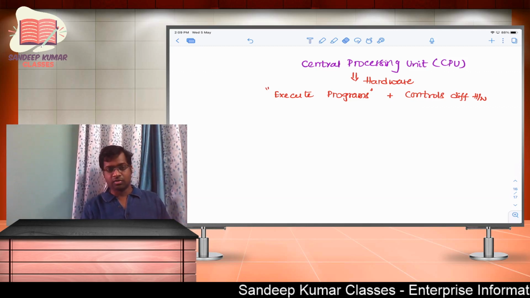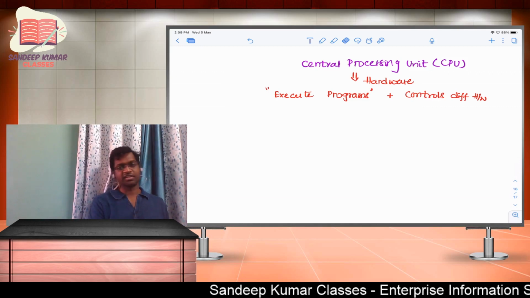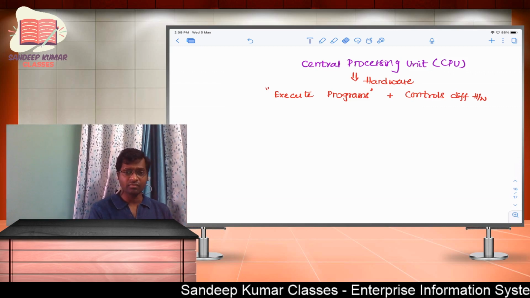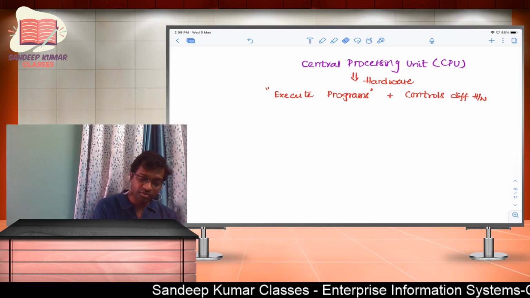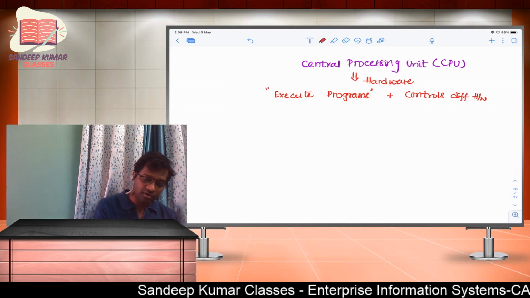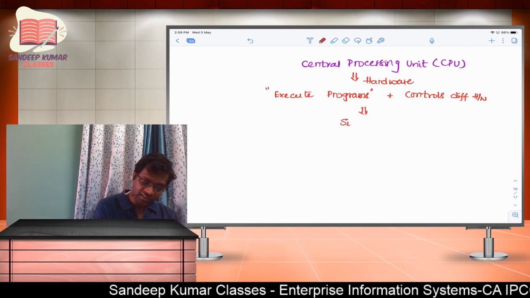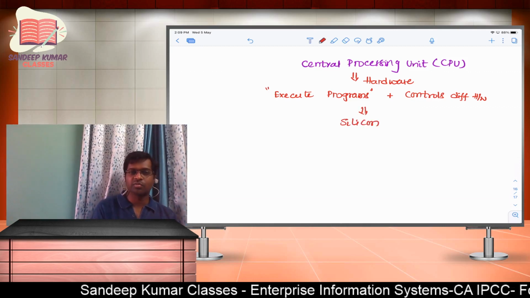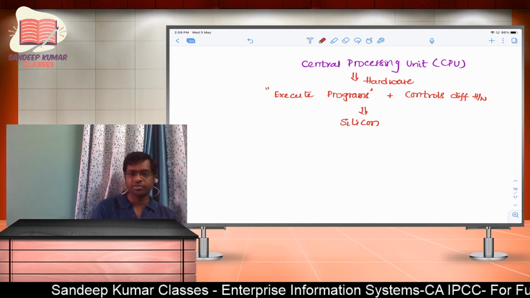Now how exactly is this central processing unit manufactured? This central processing unit is manufactured using a material called silicon. We also call it small flakes of silicon.